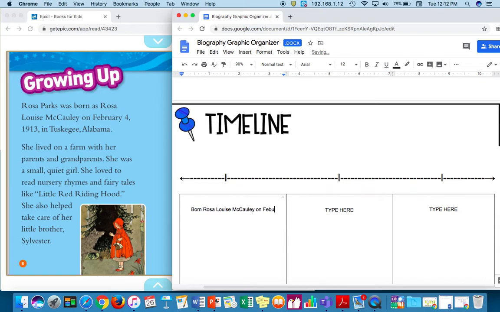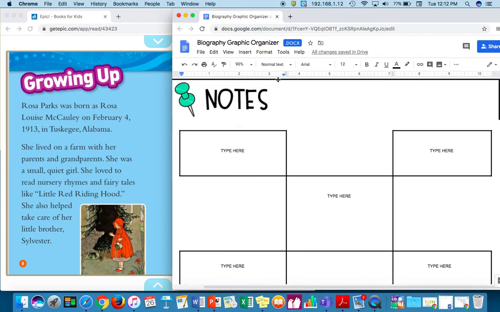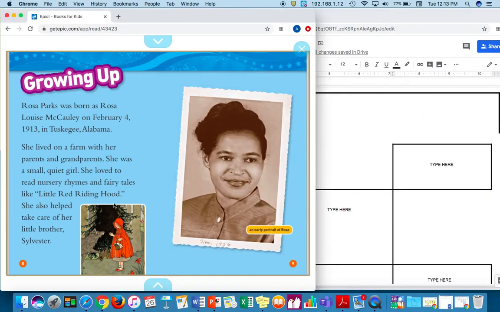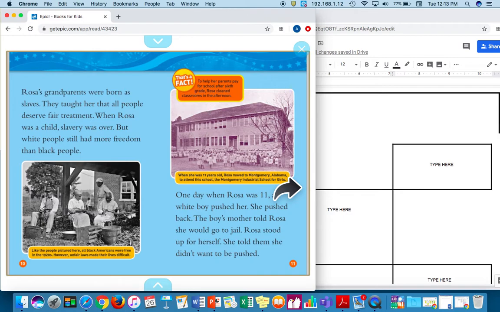On February 4th, 1913. That doesn't mean I have to keep going with my timeline. I might want to take some notes in a different section. You're going to continue to read and continue to take notes as you're reading your story.